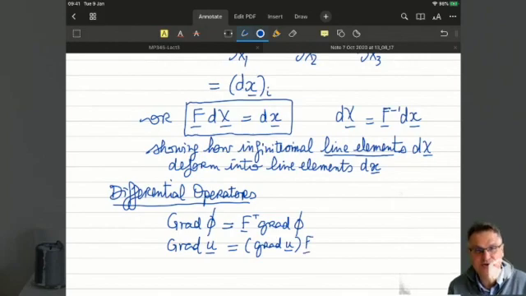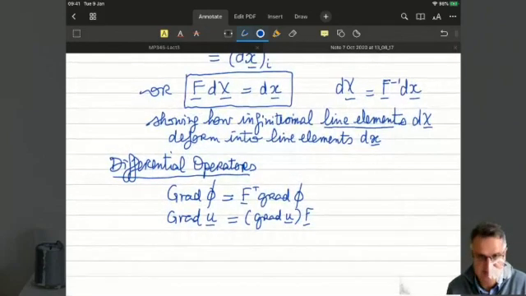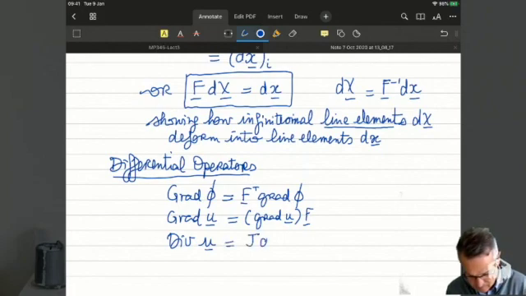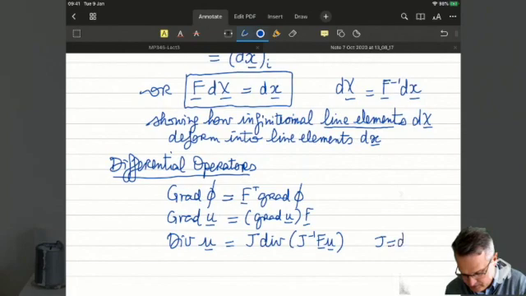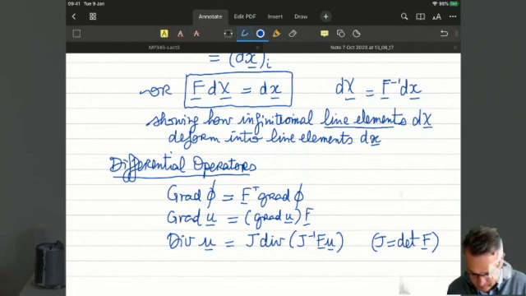So it's hard to memorize those formulas. Usually you just find them in the notes or in the books. And then you can do the same for the divergence of a vector where J is the determinant of F, and same for the divergence of a tensor.